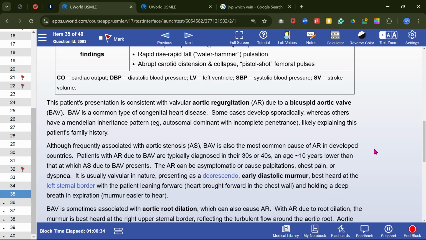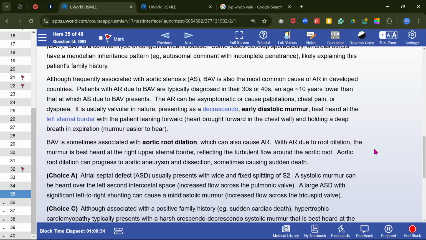The murmur is easier to hear. Bicuspid aortic valve is associated with aortic root dilatation, which can also cause AR.